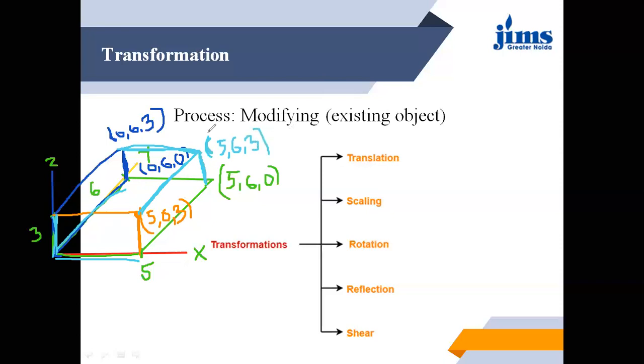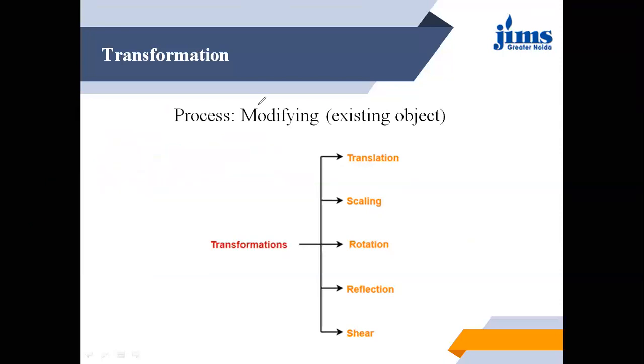So the complete coordinate of this point is 5, 6, 3. In this way we can find the coordinates of an object using x, y, and z directions.